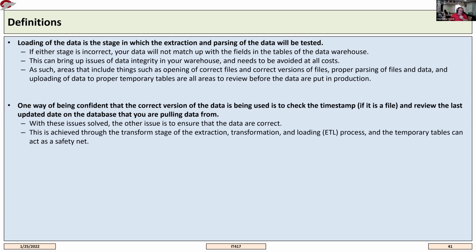So ETL, loading data, is the stage in which extraction and parsing data can be tested. If any step along the way is incorrect, then you will end up with incomplete data in the end through this whole process, right? So the idea is you build the table, you build the instruction, you test it, you check it to verify it comes out the way you want, and then you build the next step where you can keep on going.